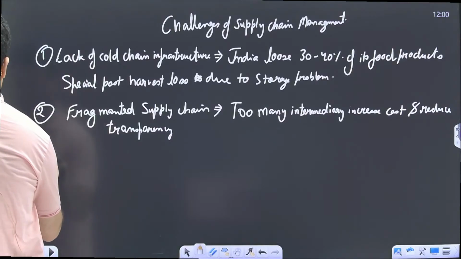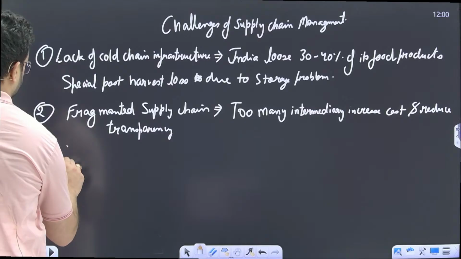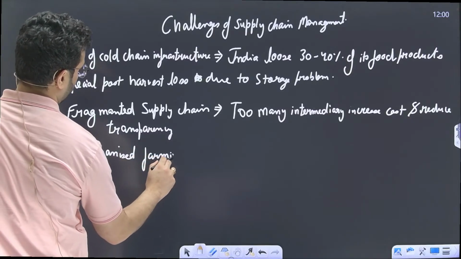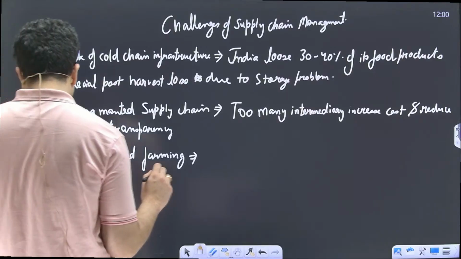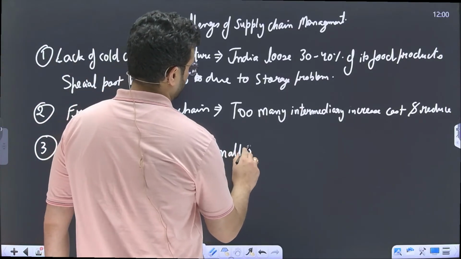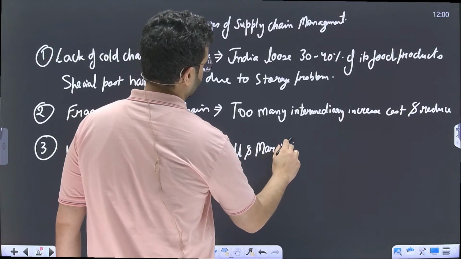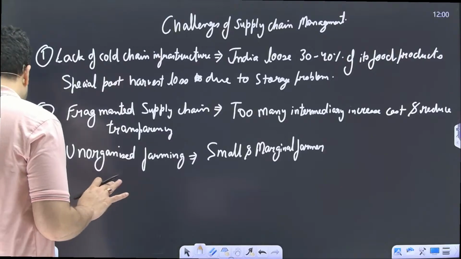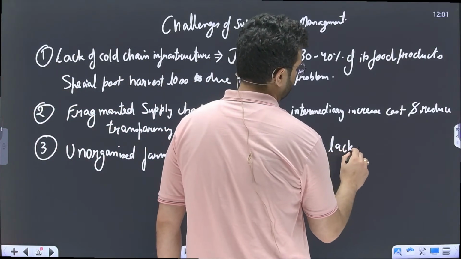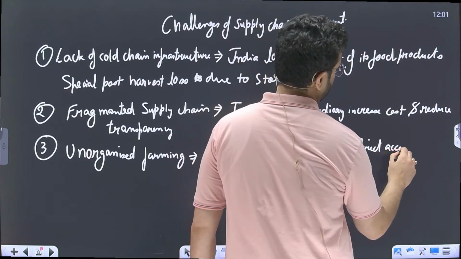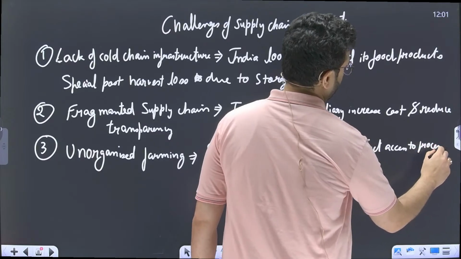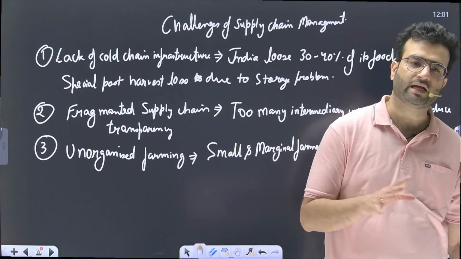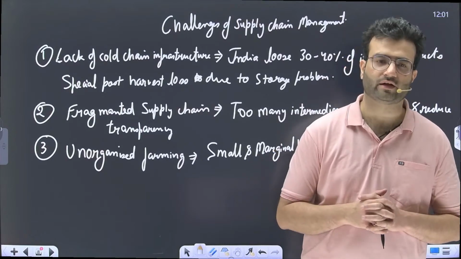Third is unorganized farming. Most of India has small and marginal farmers that lack direct access to processors. They lack proper hectares of land, having less than 2 hectares.